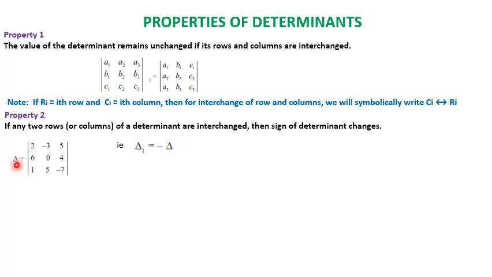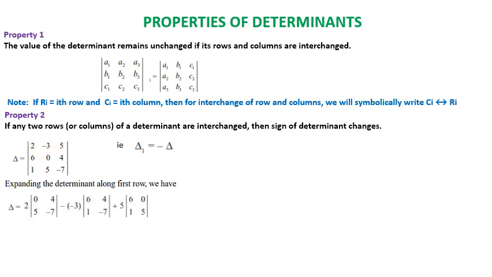Consider an example. Delta, that is a determinant representation. Delta is equal to determinant 2 minus 3 5, 6 0 4, 1 5 minus 7. So expanding the determinant along the first row, you have already learned how to expand the determinant. Here I am expanding along the first row.